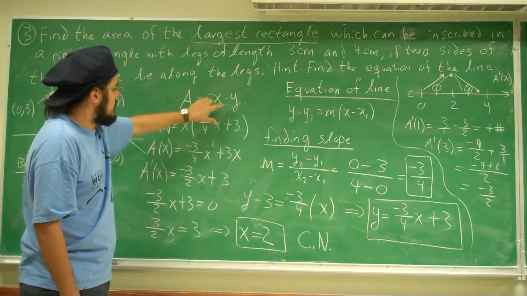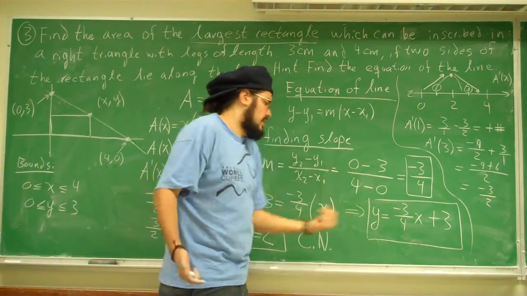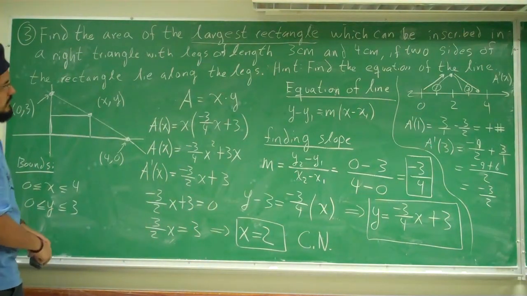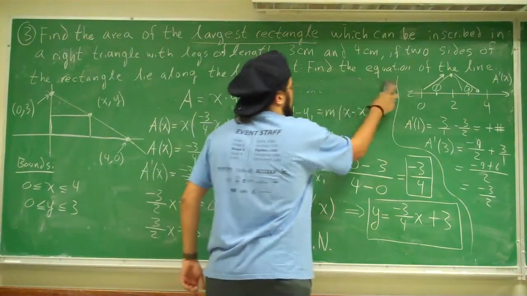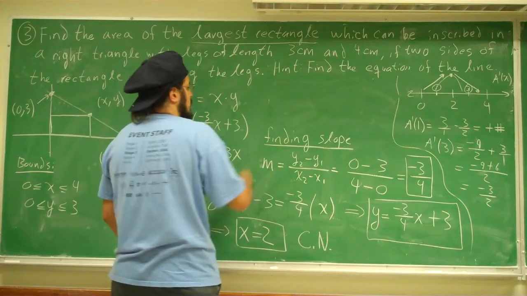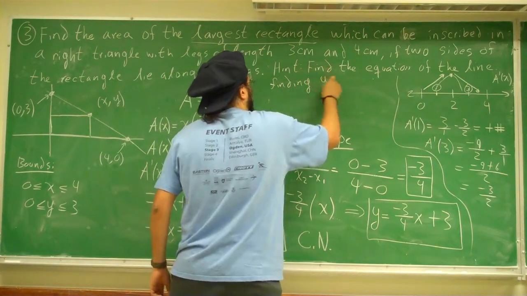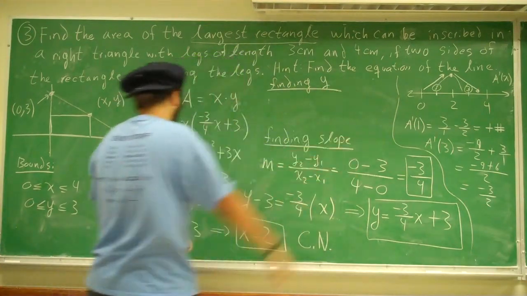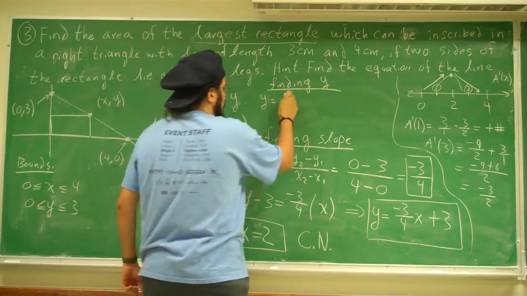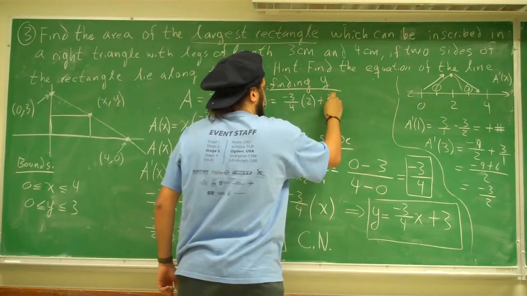We only have x, we need y. However, we have this equation here to find y. So let's find y. Let's do some little erasing here. Erase this equation line. Alright, so finding y. Once we have our x value, just plug it right in here, so y is equal to minus 3 over 4 times 2 plus 3.